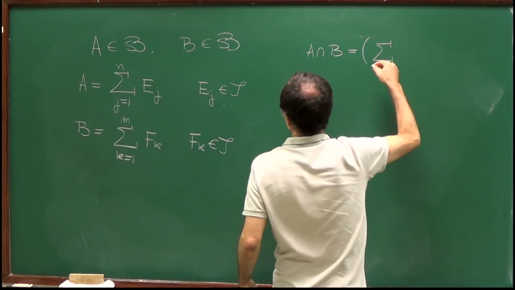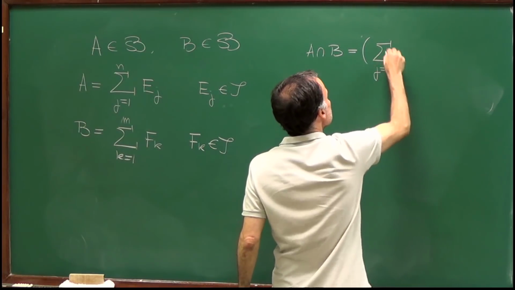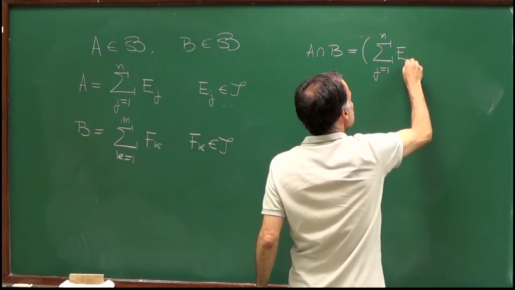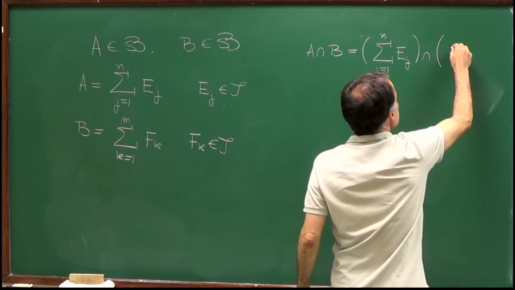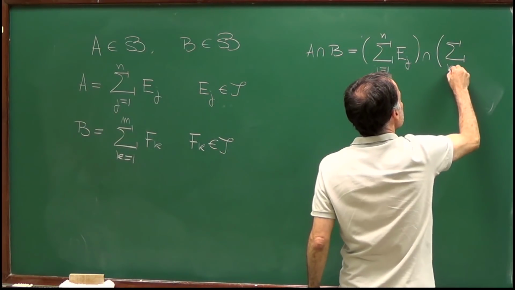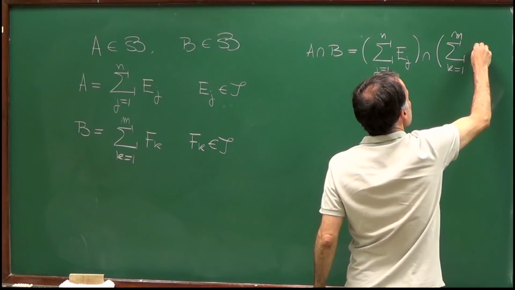A is the union of E_J, and B is the union of F_K.